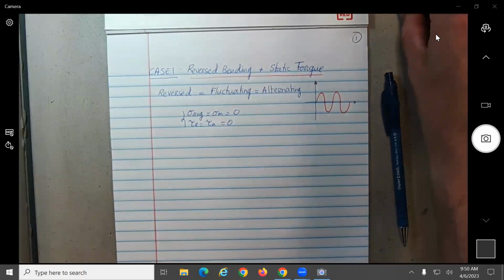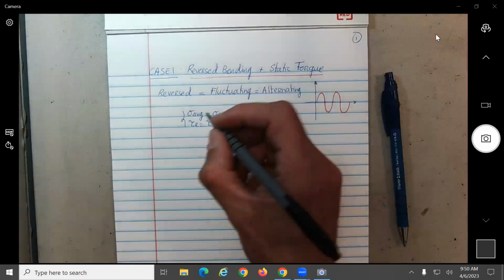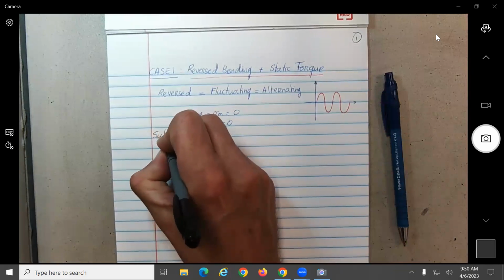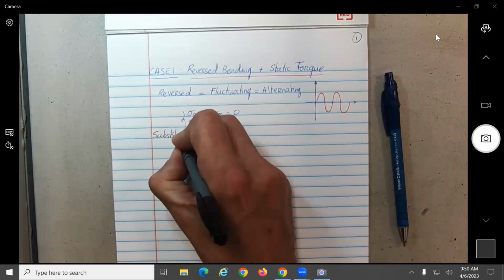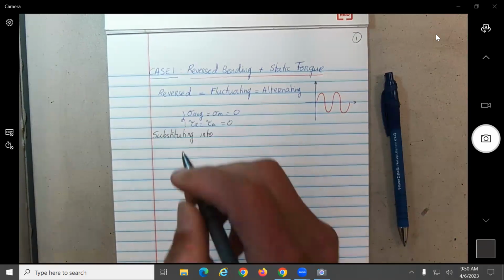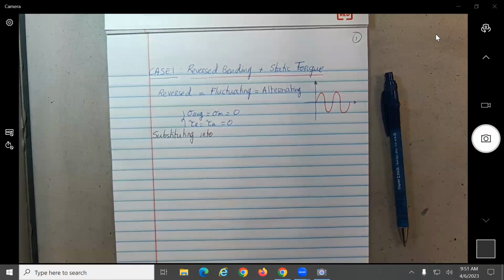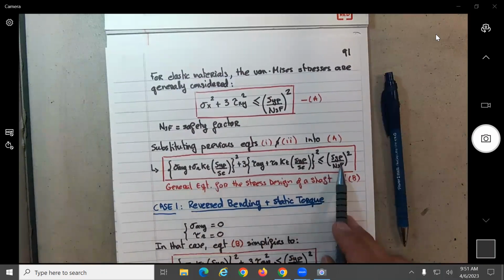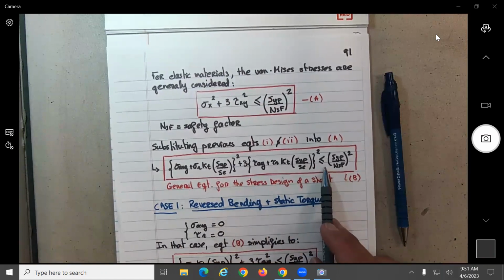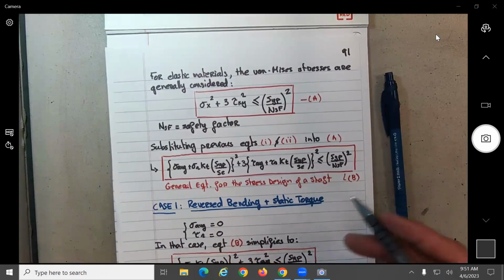So substituting into, I don't have the notes from the other day, but I don't know if we gave a name to that equation. Substitute into that equation, the one we just finished last lecture. Just call it whatever.